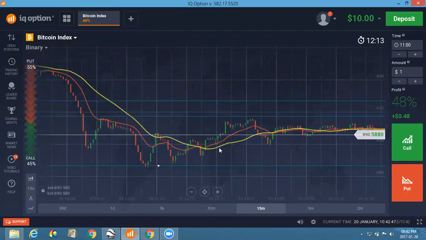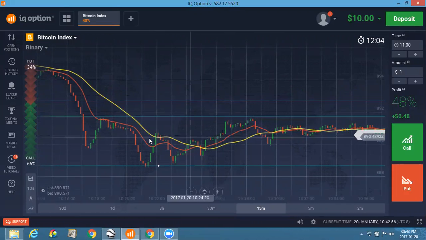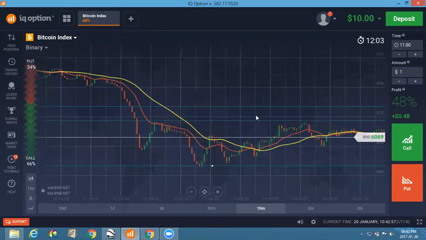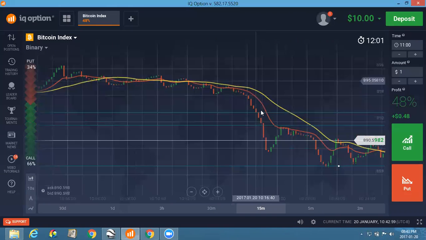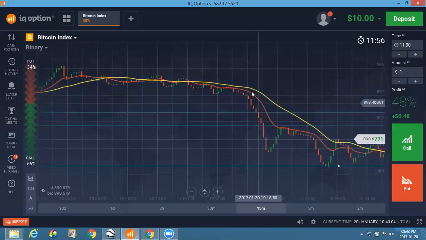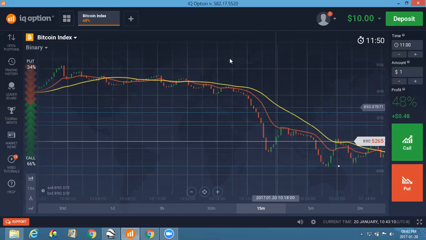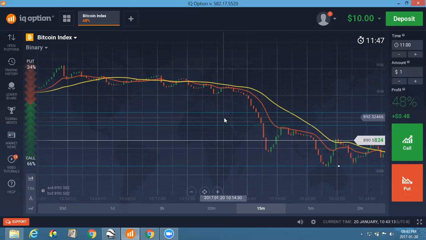I repeat, when the red line is above the yellow line, we're only looking for buy opportunities. When the red line is below the yellow line, when the 14 EMA is below the 30 SMA, we're only looking for sell opportunities.